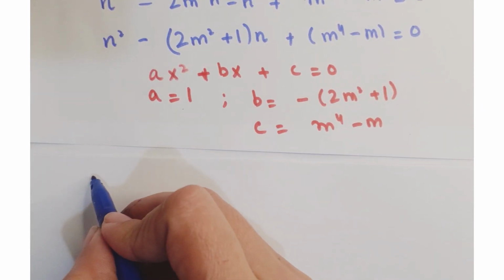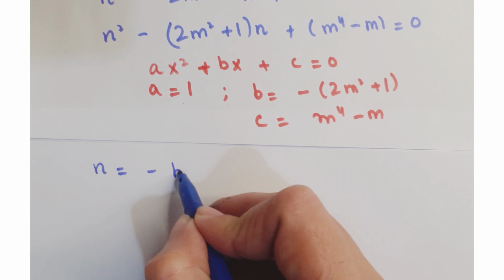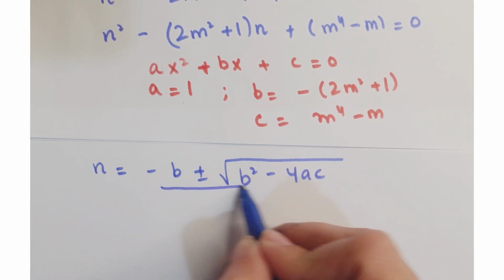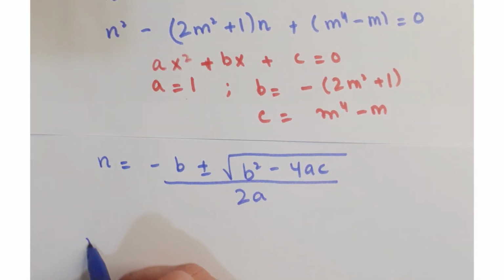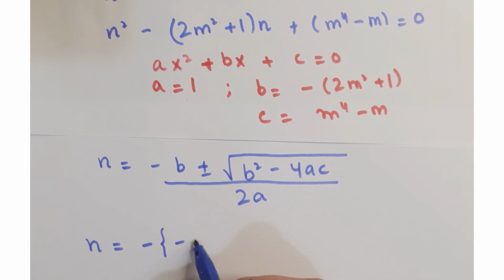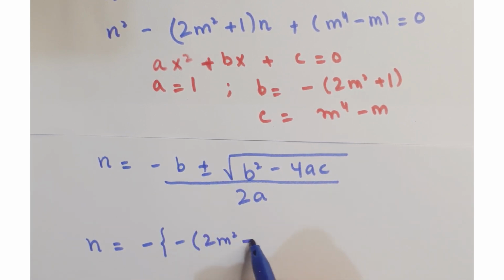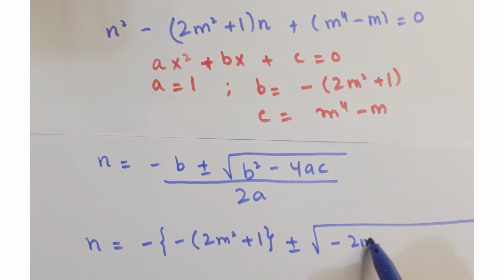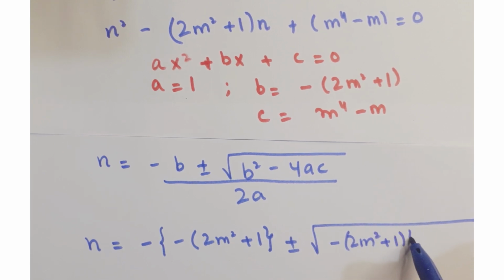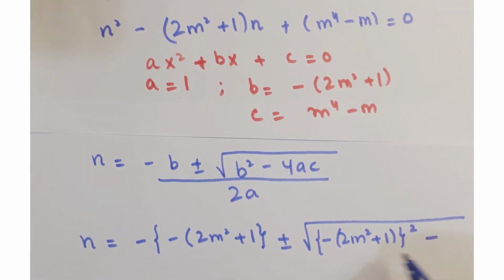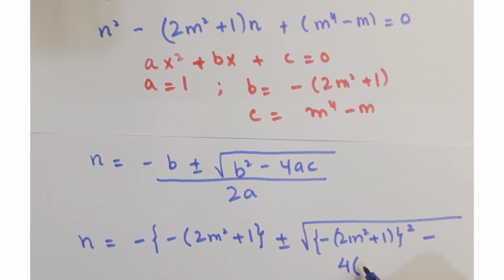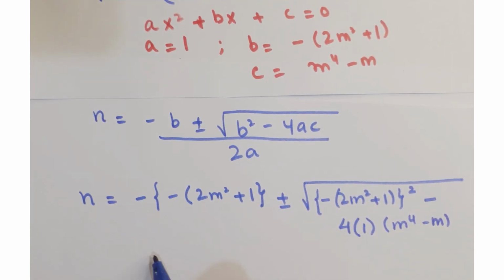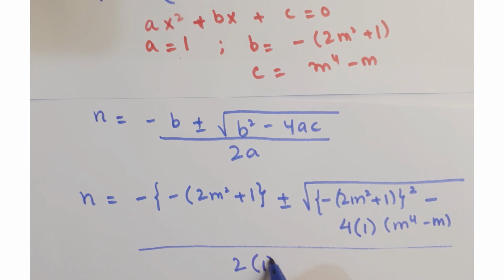Now putting the values in the quadratic formula, that is n is equals to minus b plus minus under root b square minus 4ac upon 2a. So we have n is equals to 2m square plus 1 plus minus under root (2m square plus 1) whole square minus 4, a is 1 and c is m to the power 4 minus m, upon 2 into 1.